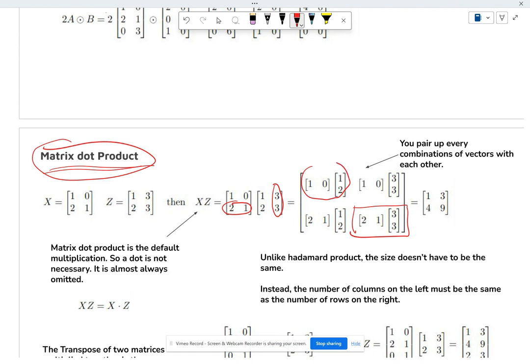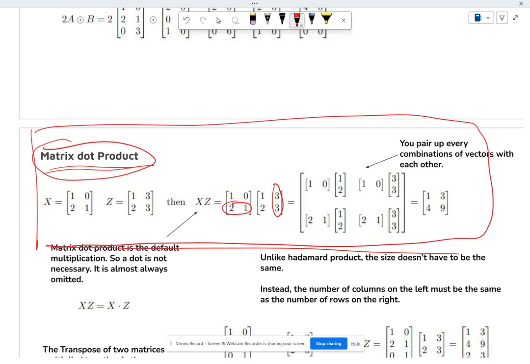So every one of these results in a number. If you take the dot product here, that gives you a 1. You take a dot product here, that gives you a 4. Now dot product here, that gives you a 3. Dot product here, that gives you 9.